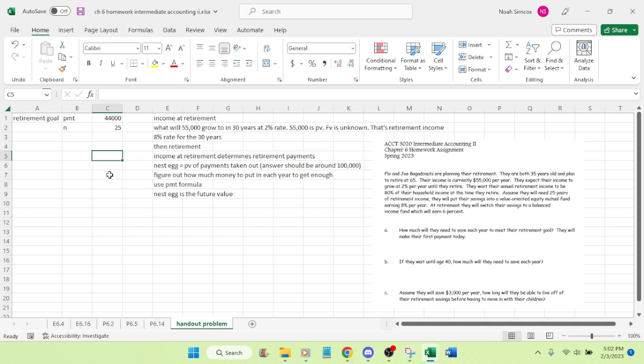Wait. What will 55,000 grow to in 30 years? Because they're 30 years at 2% rate. Okay, that's easy. So income at retirement.